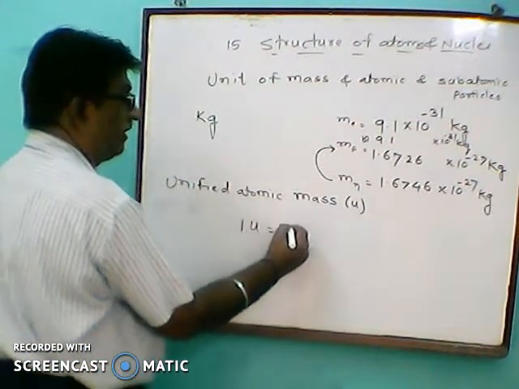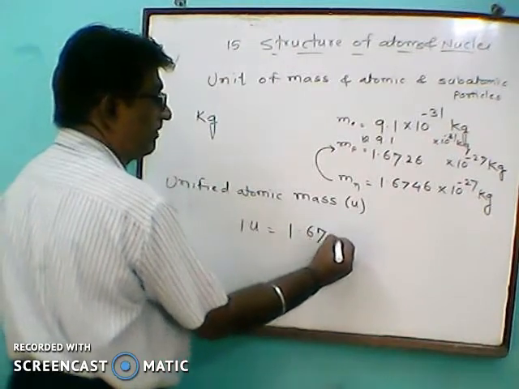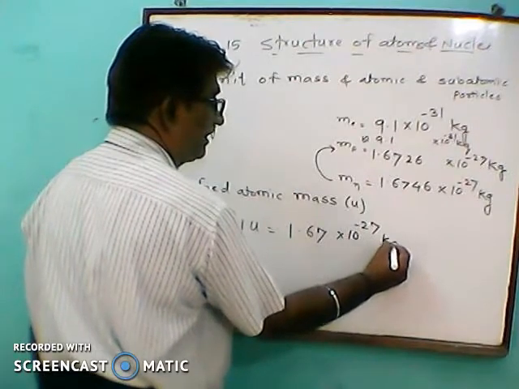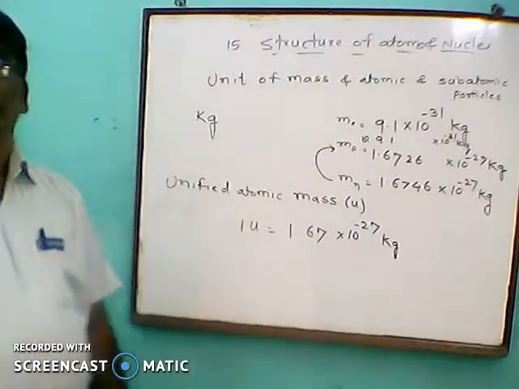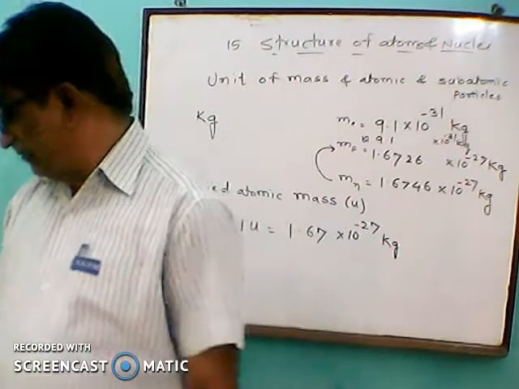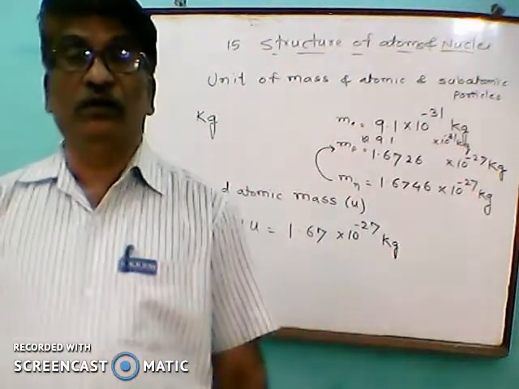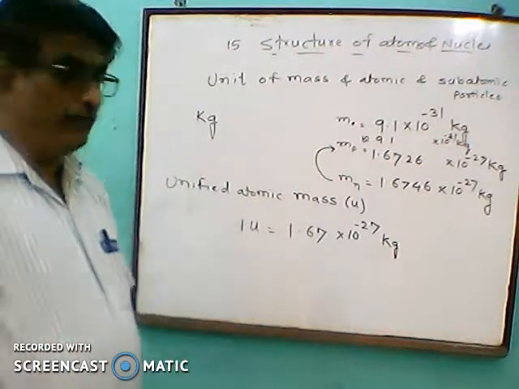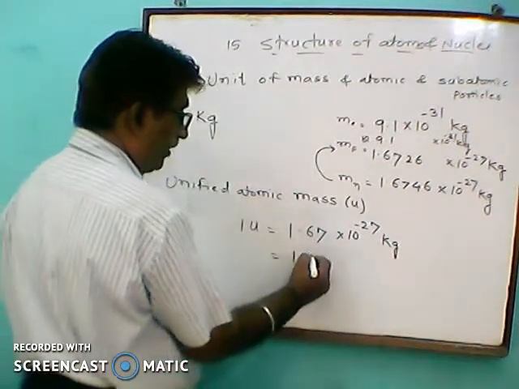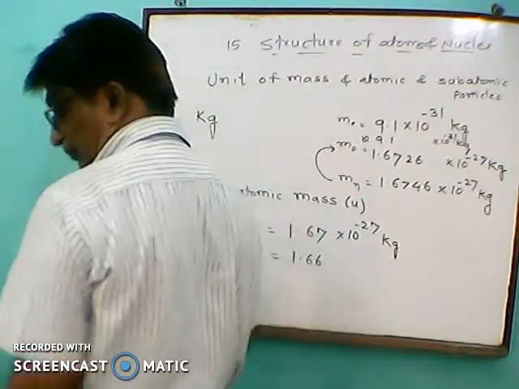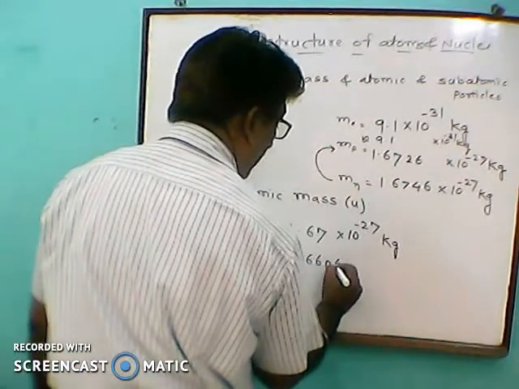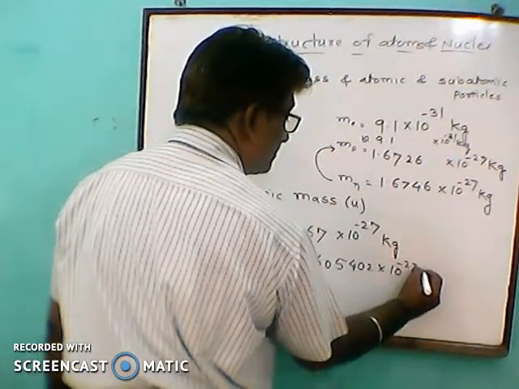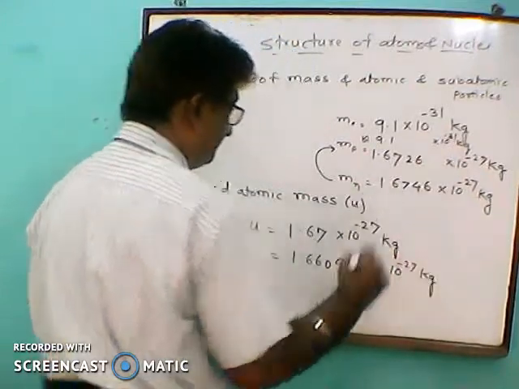It will be 1.67 into 10 to the power minus 27 kg, or the exact value will be 1.6605402 into 10 to the power minus 27 kg.